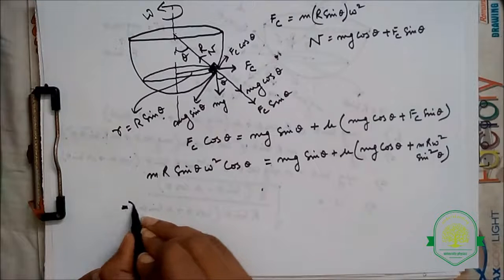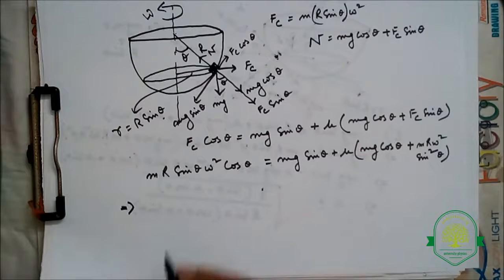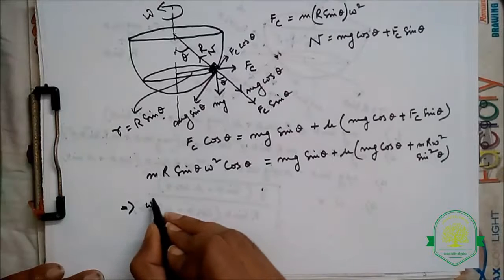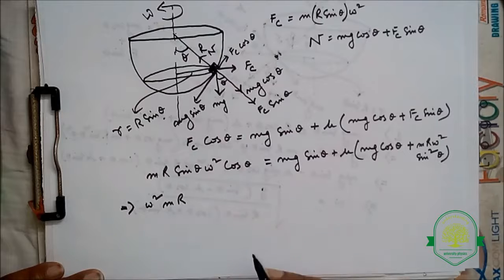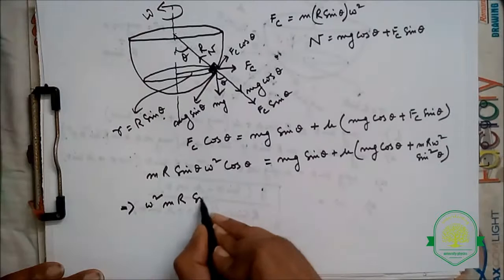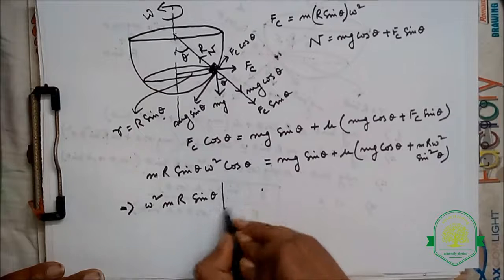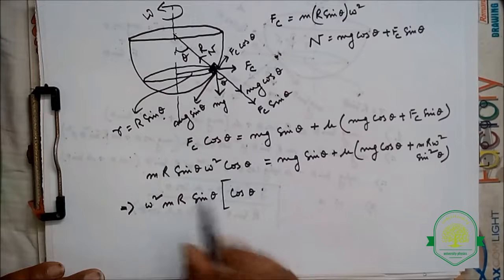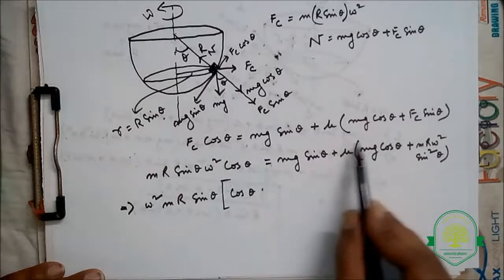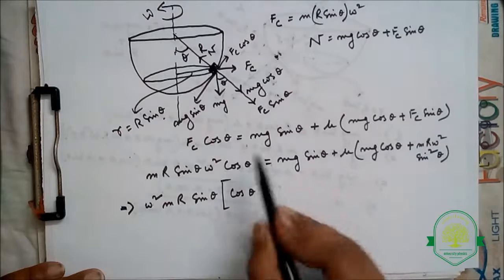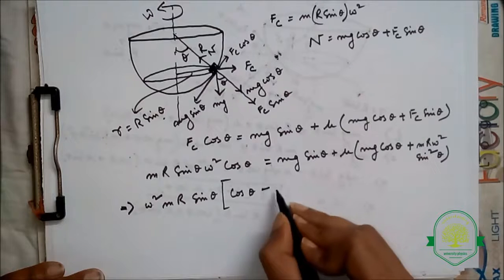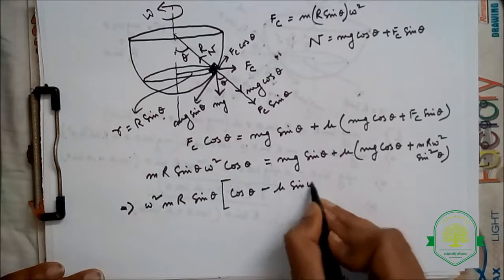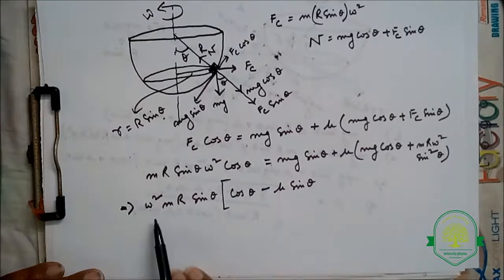Let us bring all the omega squared to the same side. We have omega squared m r sine theta. We get a cos theta left over from this term, and if we multiply this out and bring this term to this side and take m r omega squared sine theta common, I think we get minus mu sine theta. Yeah.